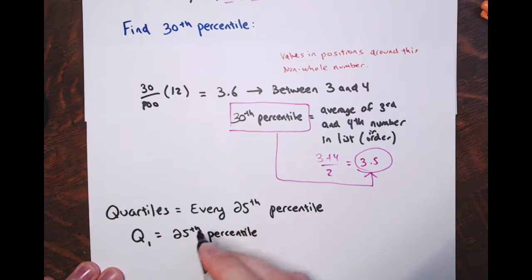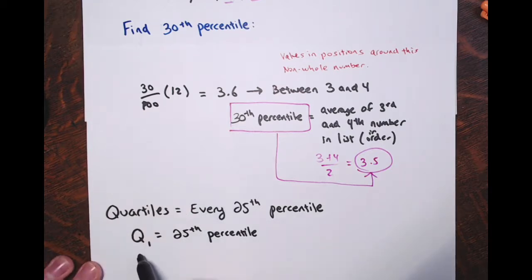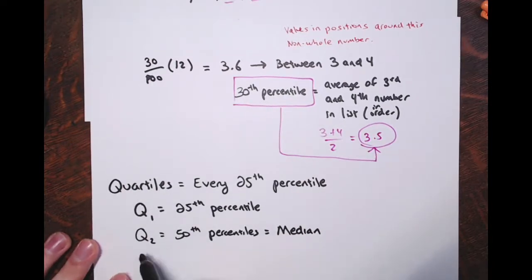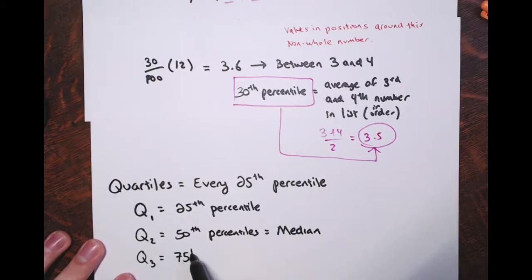And the way I would find this is exactly like I did up here with the 30th. The second quartile is the 50th percentile. Now another word for this is the median. The third quartile is the 75th percentile.